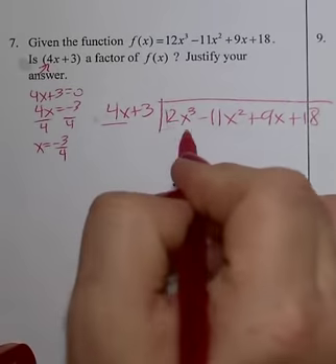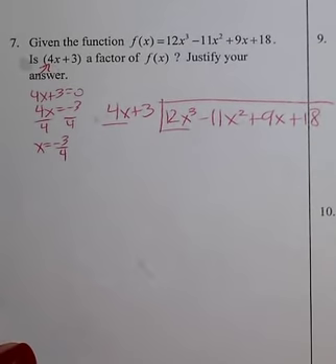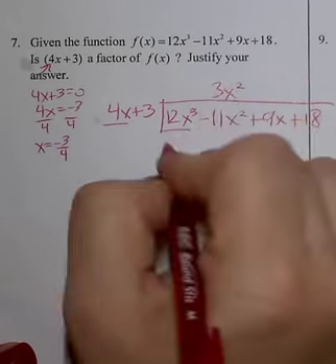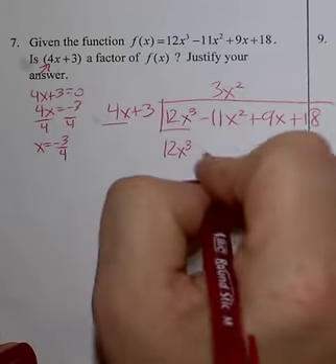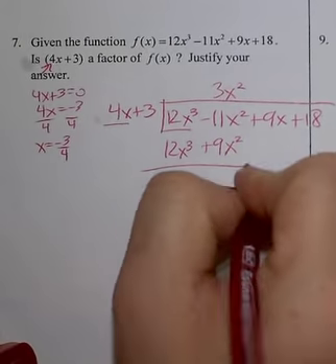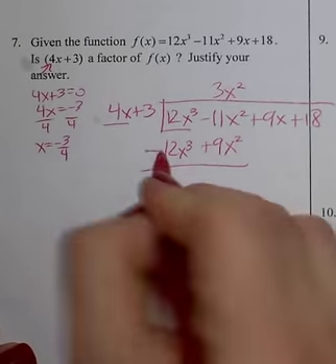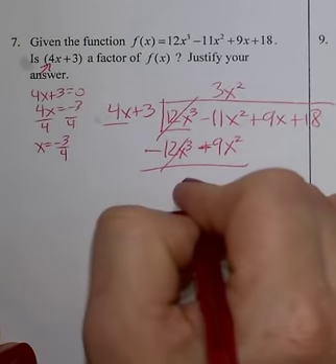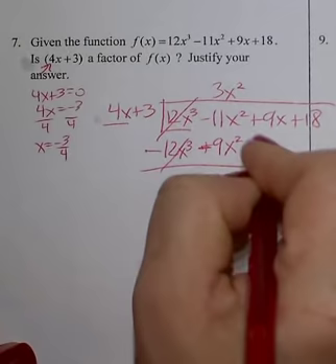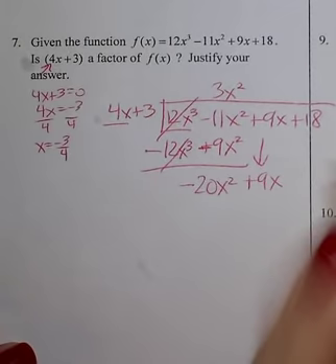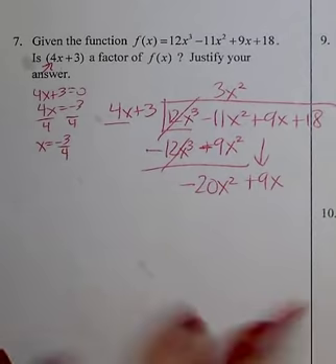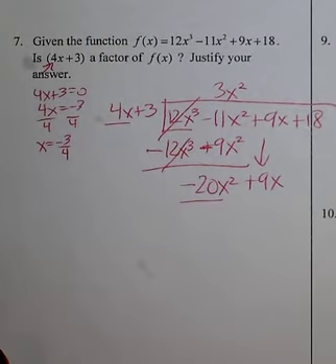4x times what is 12x cubed? 3x squared. Find the right column. Multiply. Multiply. Change the signs and combine. 4x times what is a negative 20x squared?